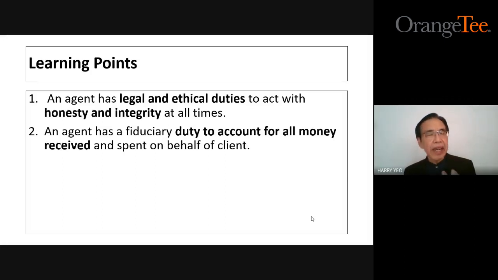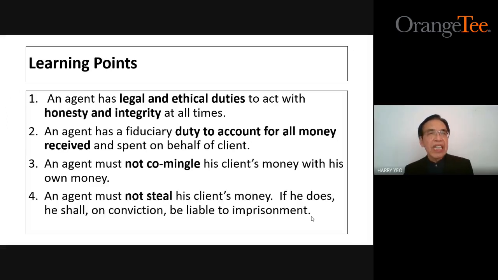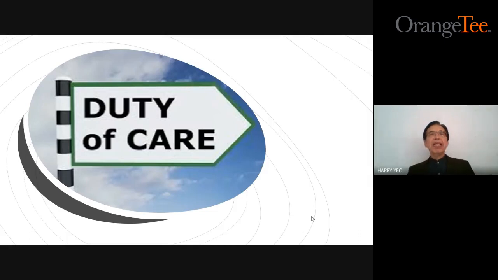An agent has a duty to account for all money received for and on behalf of the client. An agent must not commingle his money with the client's money. An agent must not steal the client's money, failing which it is stealing, it is cheating, and imprisonment follows. So we have covered so easy, so fast. C, confidential information. A, accounting.